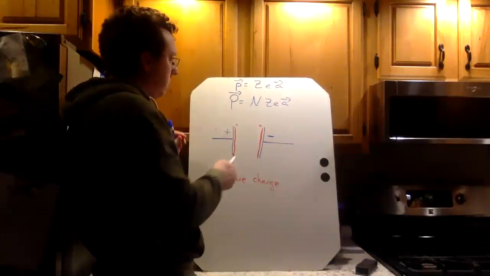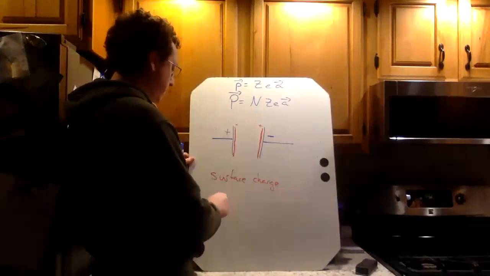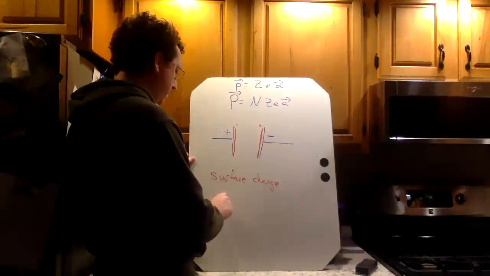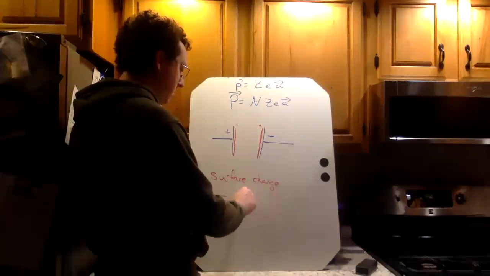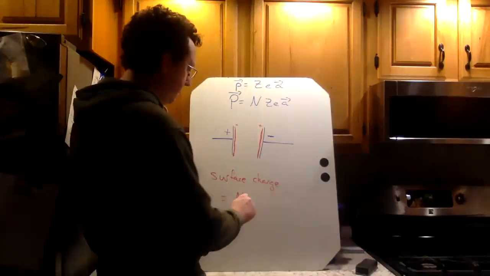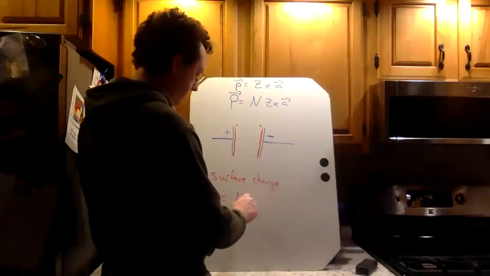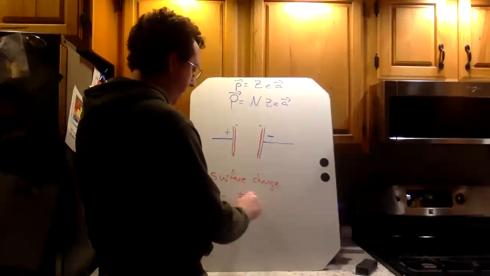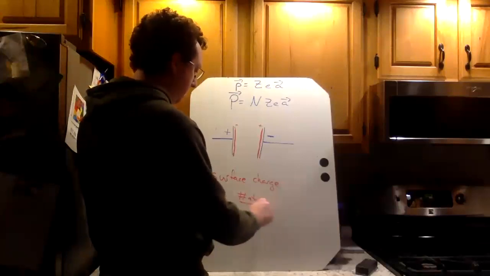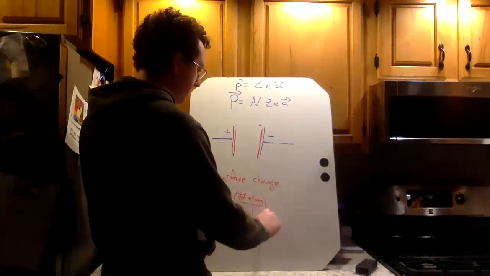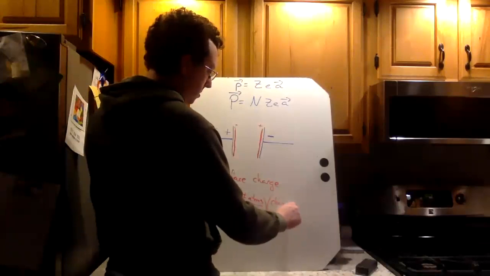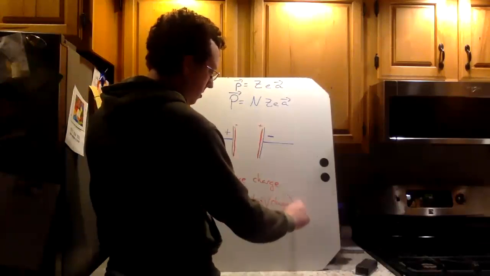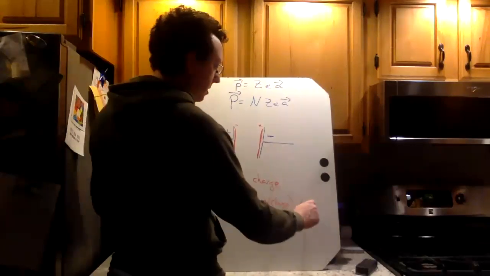Okay, well, the way that would go is you would say the surface charge would be the number of atoms per volume times the charge per atom times the volume of the surface layer.